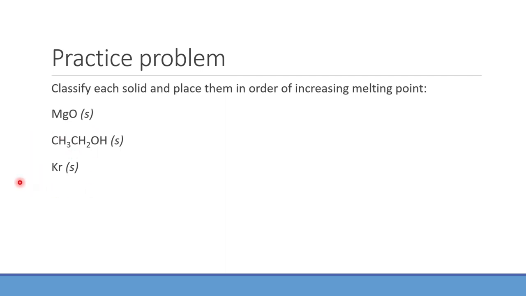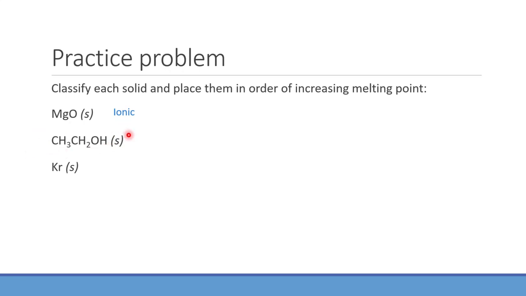So first off, we need to think, what type of solid is this? So this is actually a metal and a nonmetal, so it must be an ionic solid. We have ethanol here, which is a molecule that is then probably interacting with other ethanol molecules via intermolecular forces.